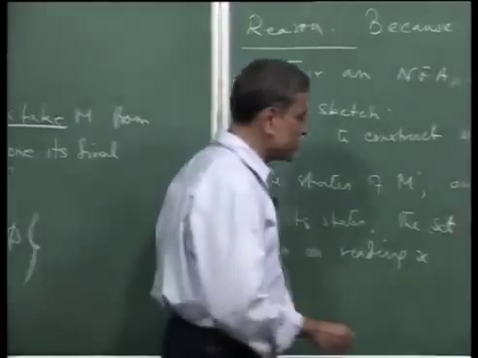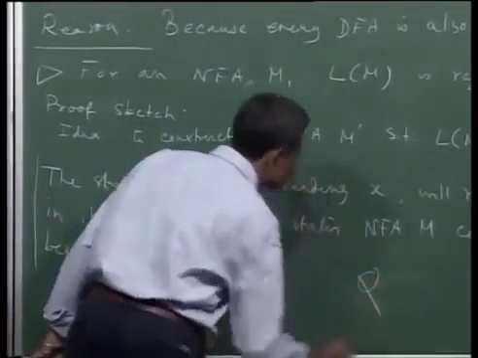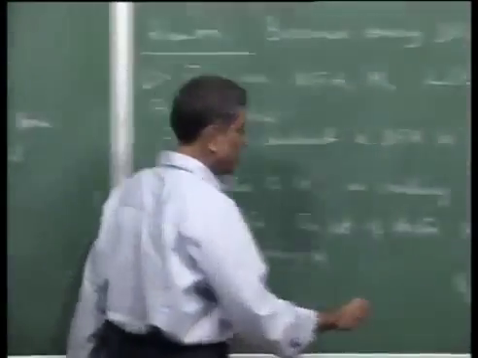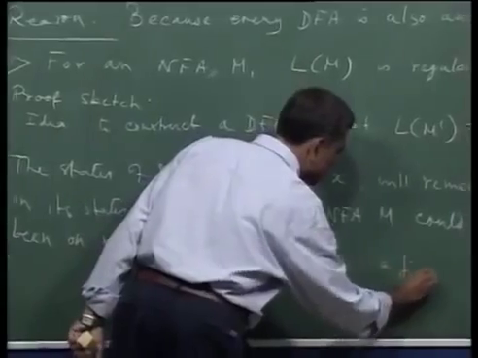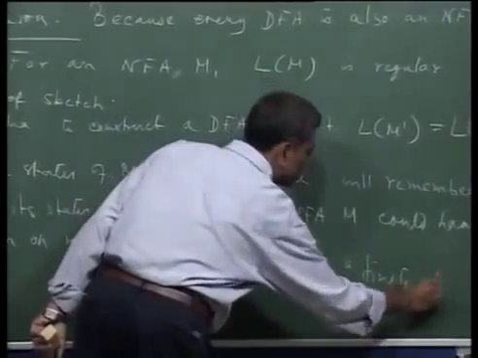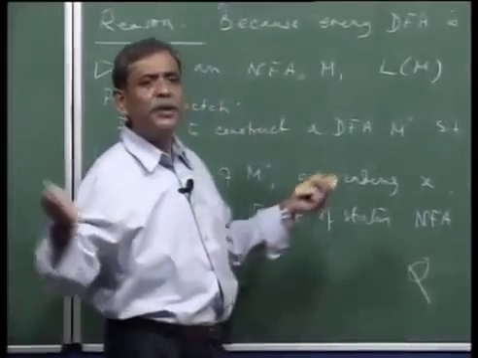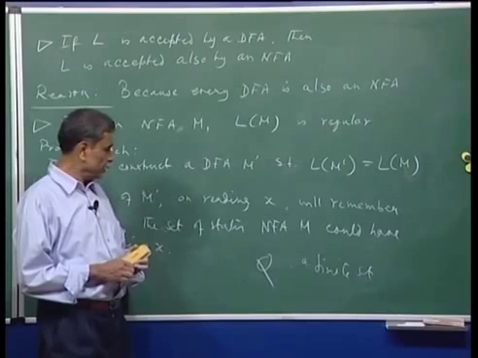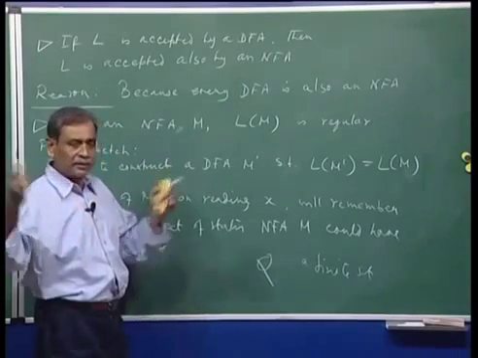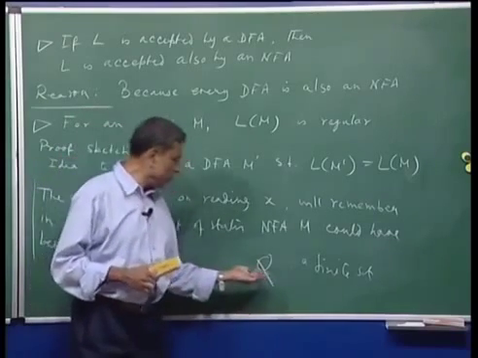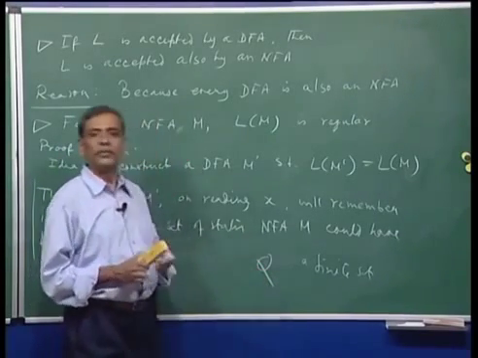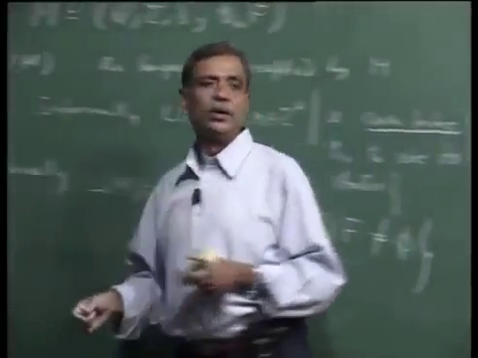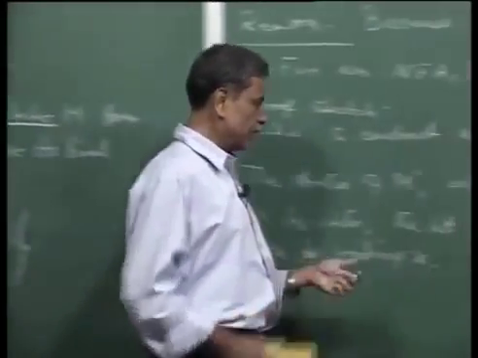Because the set of states of the NFA is Q, and Q is a finite set, and whatever string you give me, the NFA on reading some string X will be in one of the subsets of Q. So, how many different subsets can there be of a finite set like Q?